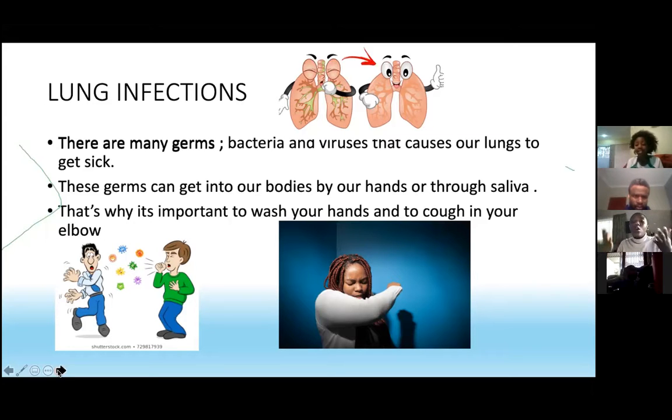The germs will come into our mouths, into our nose, into our eyes. When you cough and then high five your friend, then your friend touches the face, and all the germs slowly move inside and inside and inside, and then they go to your lungs, right?